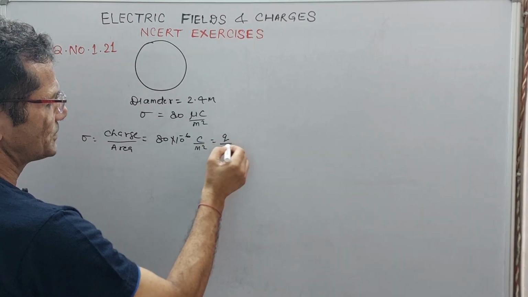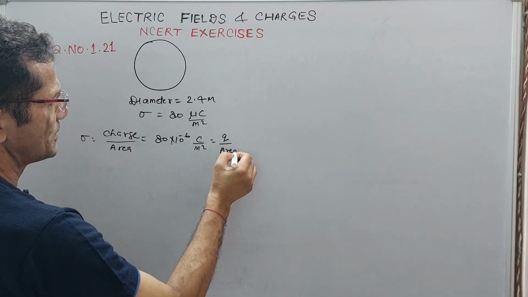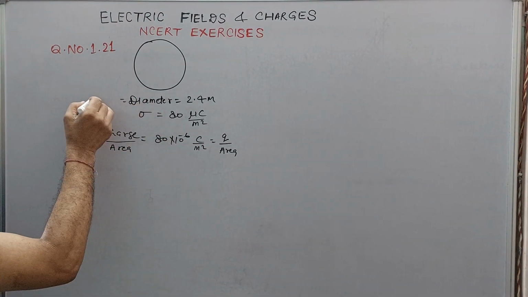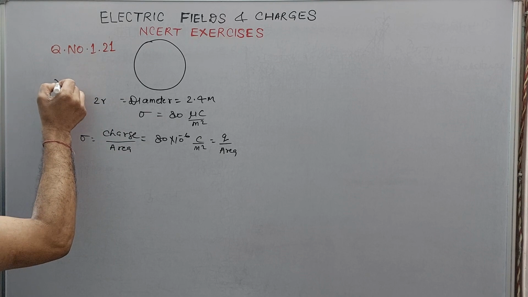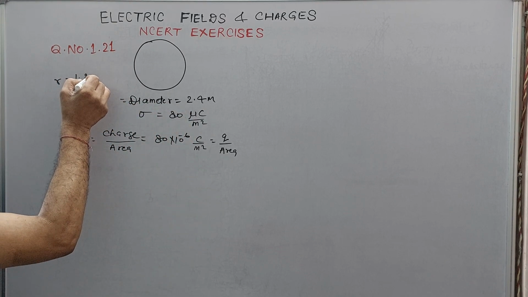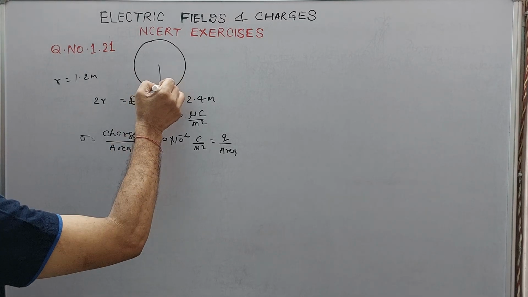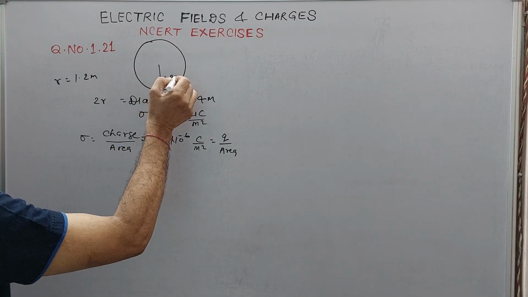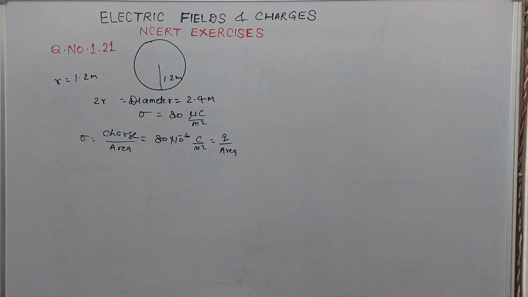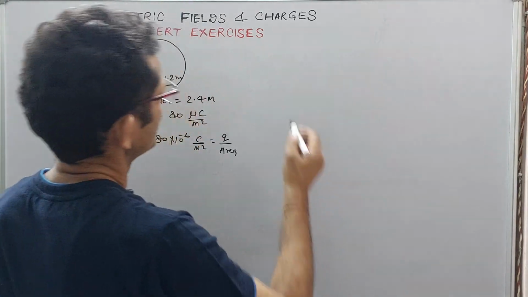Now Q upon area, and diameter is given 2.4 meter. This is the diameter, therefore R will be 1.2 meter of the spherical conducting surface. So the first part in this question is to find the charge on the spherical conductor.